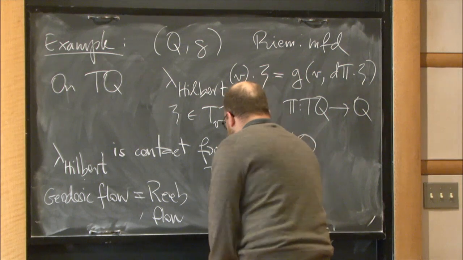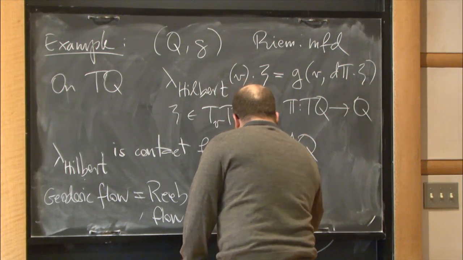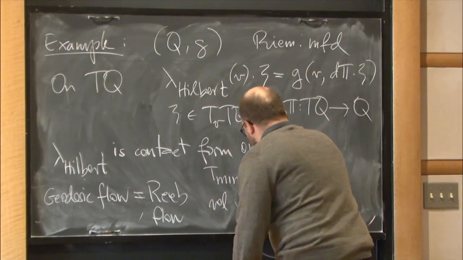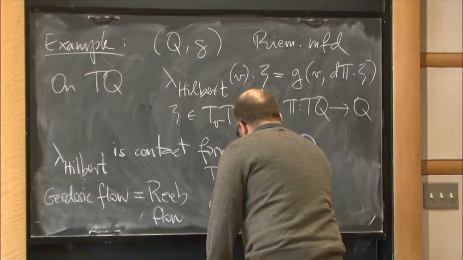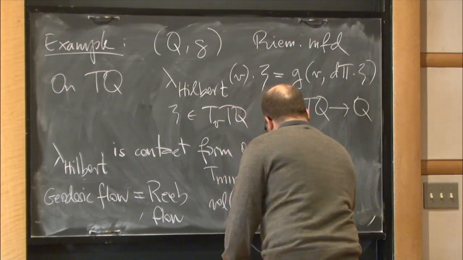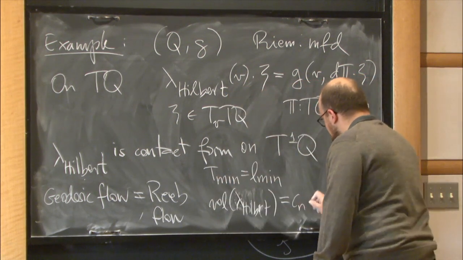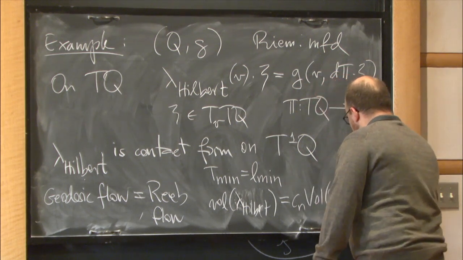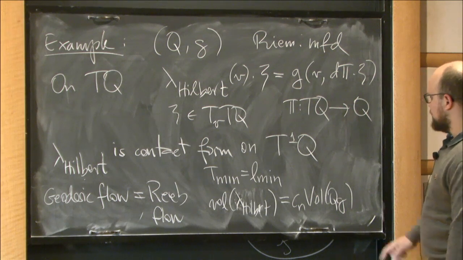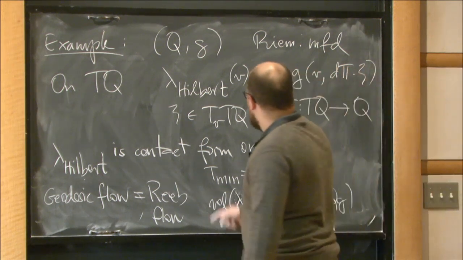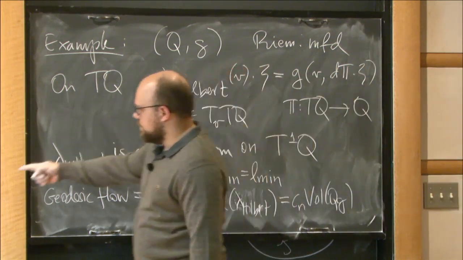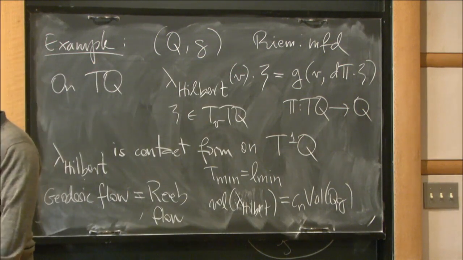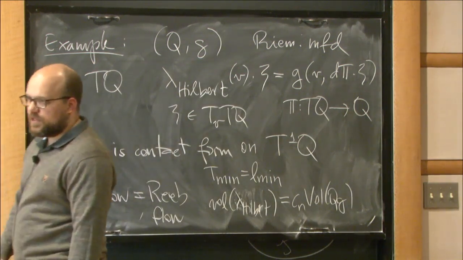The contact volume is a constant depending on the dimension times the volume of the Riemannian manifold. So you see that systolic ratios of Riemannian metrics are, up to a constant depending on the dimension, equal to the systolic ratio of the contact form.